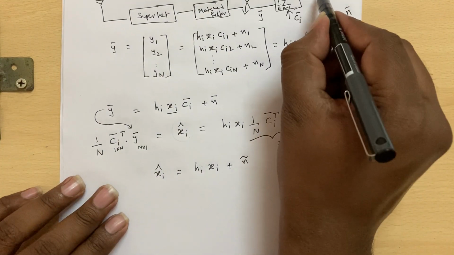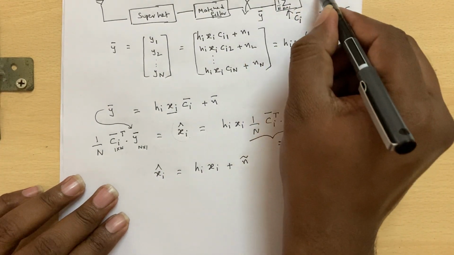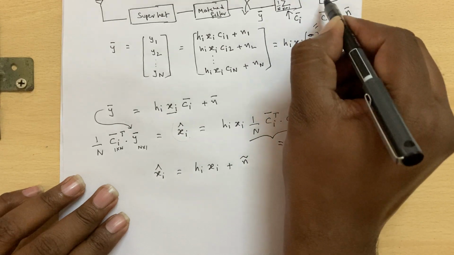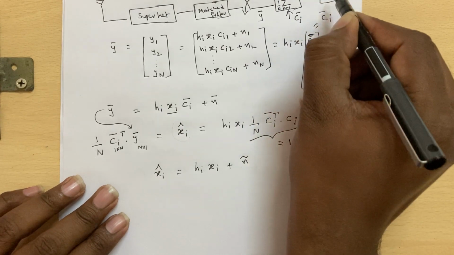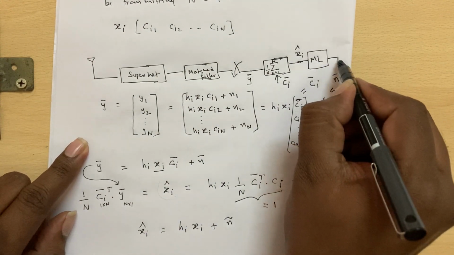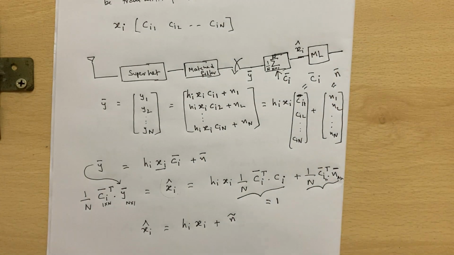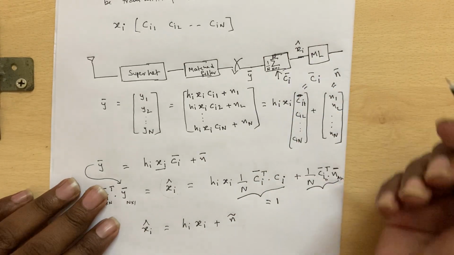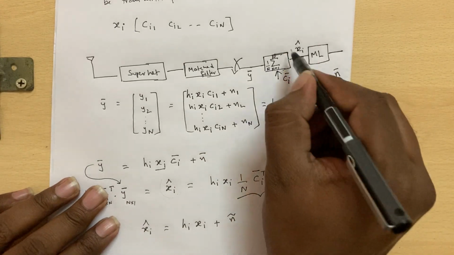Now, after taking the dot product, this will be applied to the maximum likelihood detector to get the bit sequence that was transmitted with Xi.